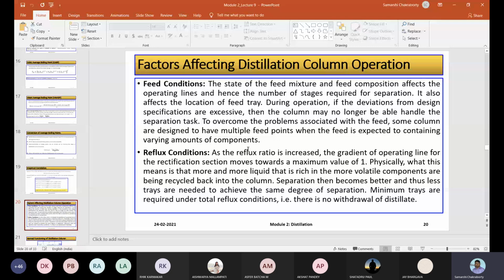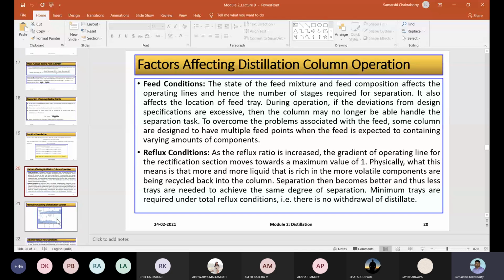That can be considered one of the advantages. Also, if you increase your reflux ratio, the number of stages that you may require to fractionate a particular petroleum fraction will go down. But obviously if you increase it too high, that may also lead to adverse conditions like flooding.